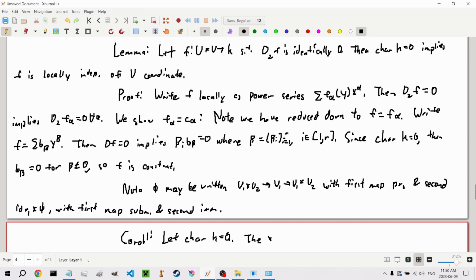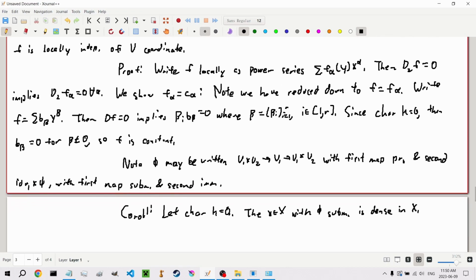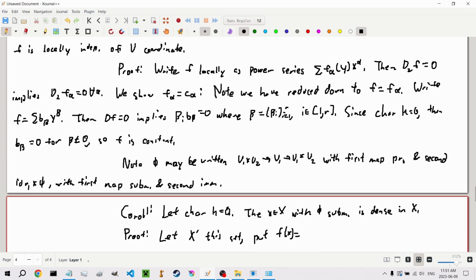Then the set of x in X with phi being a submersion is dense in X. The proof: let X prime be the set of x in X where phi is a submersion, and put f of x to be the rank of tangent x of phi.